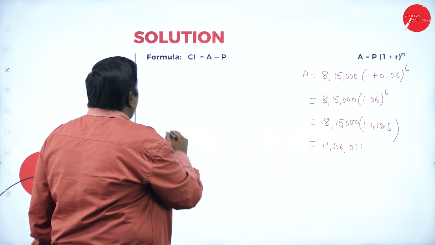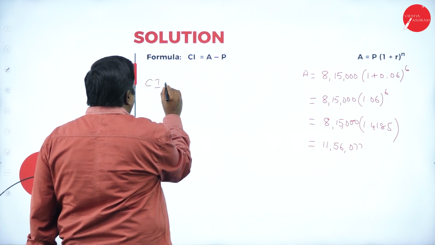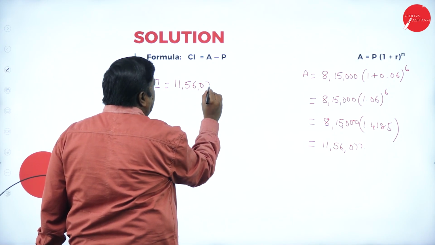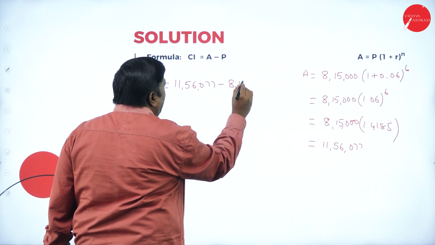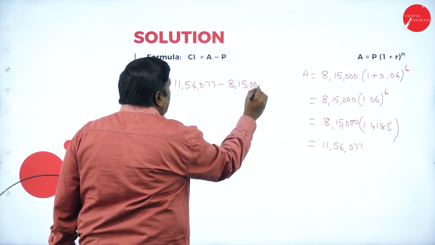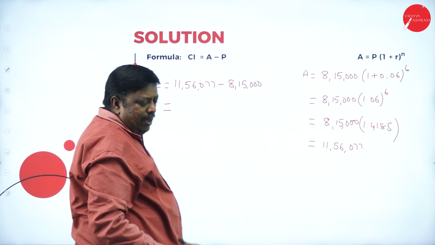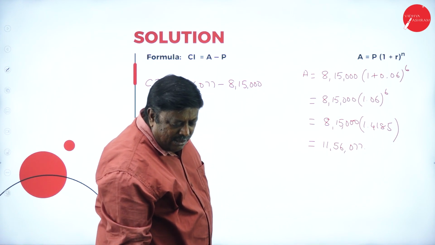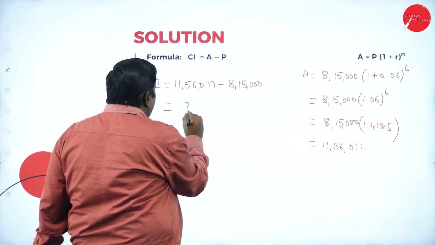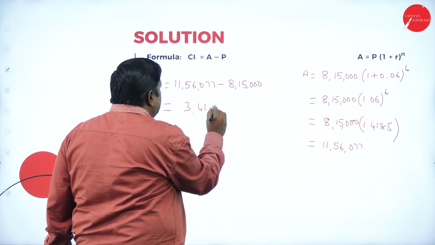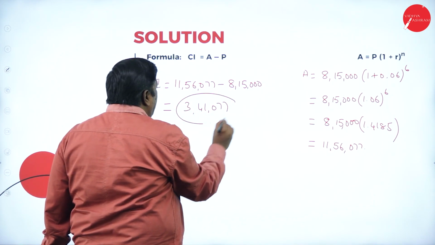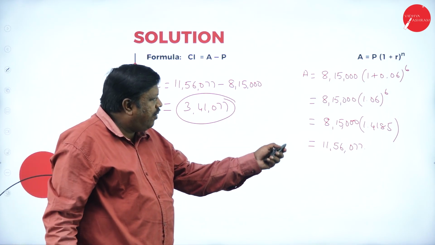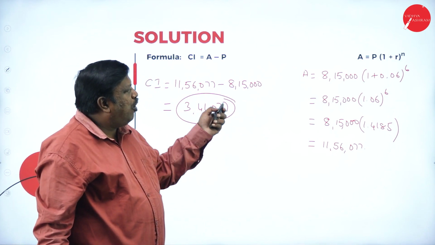So now compound interest will be 11,56,077 minus 8,15,000, which is 3,41,077. This is my compound interest for 8,15,000 at 6% for 6 years.